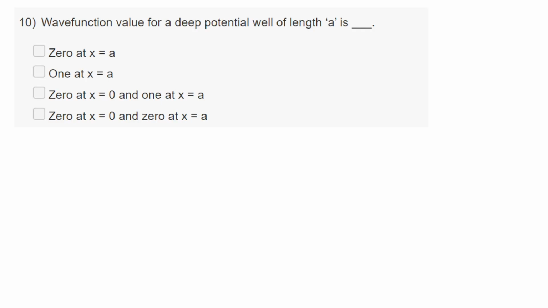Now it is asking about the value of the wave function for a deep potential well. So this is your deep potential well, from 0 to x equal to a, and deep means you can think of it as infinity.